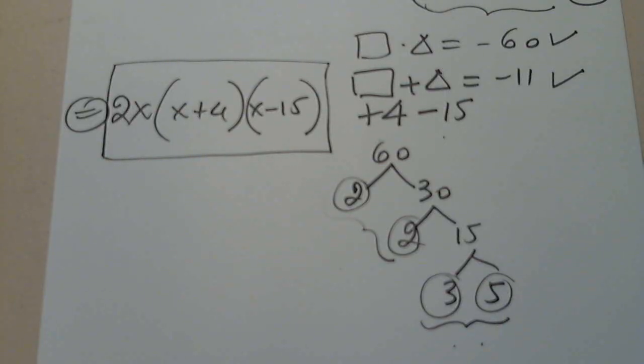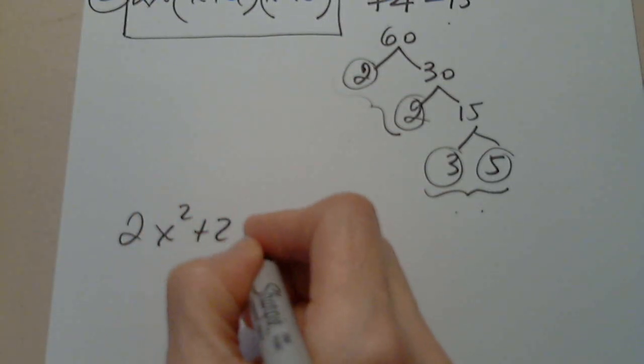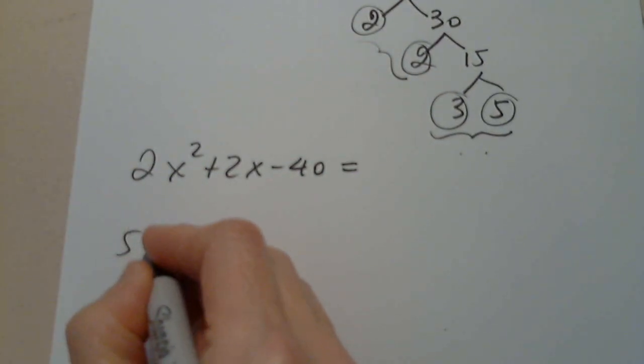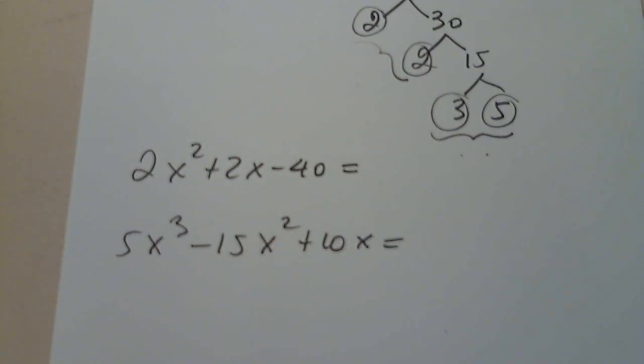This was 20, 21. Okay, let's also work on 21. 2x squared plus 2x minus 40. Also 5x cubed minus 15x squared plus 10x. I'm just looking to see if there is anything else that's the same.